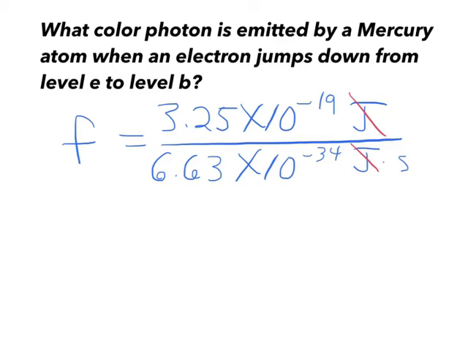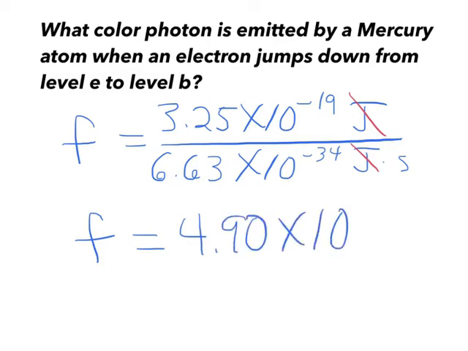So when I divide this in my calculator, I get 4.90 times 10 to the 14th per second, or hertz. So now I need to figure out what color that is.